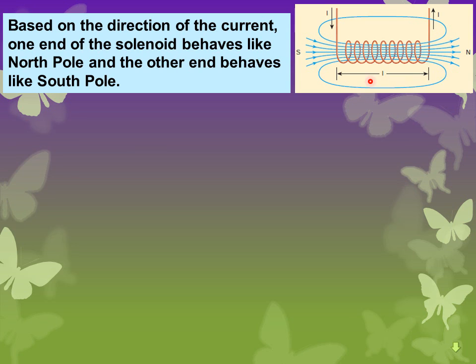There is not much magnetic field outside the solenoid. Based on the direction of the current, one end of the solenoid behaves like a north pole and the other end behaves like a south pole. Here you can see this end behaves like a north pole and this end like a south pole because the current is out and in.